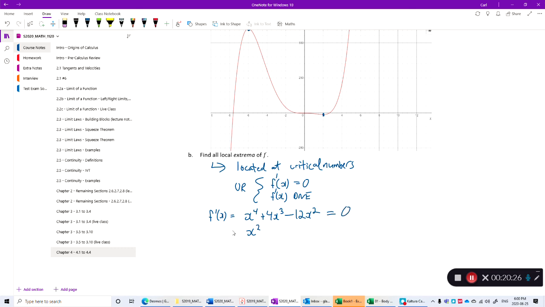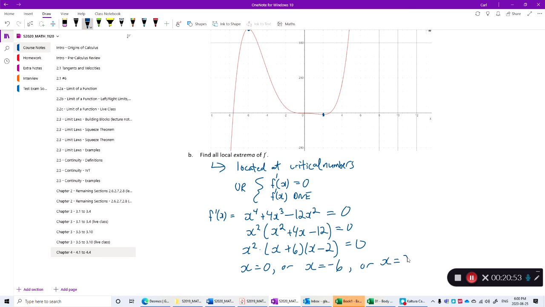I'm going to factor it now. So that becomes x squared times x squared plus 4x minus 12. Can I factor this? Plus 6 minus 2, it looks like. So I have 3 possibilities: x equals 0, or x equals minus 6, or x equals 2.